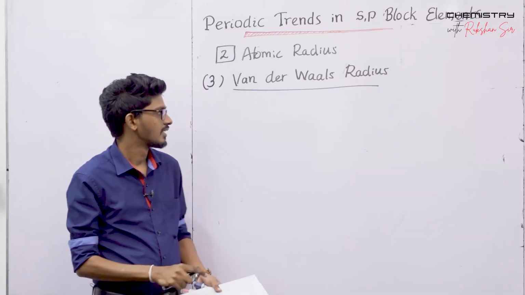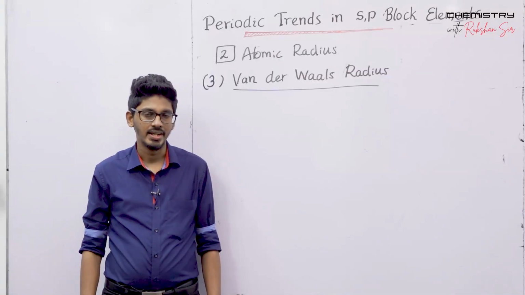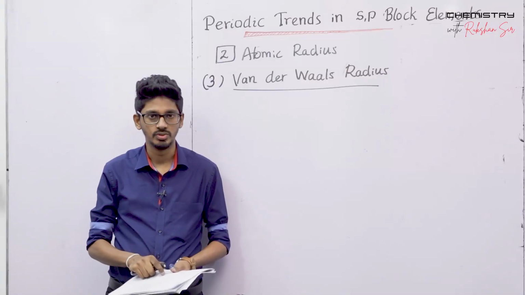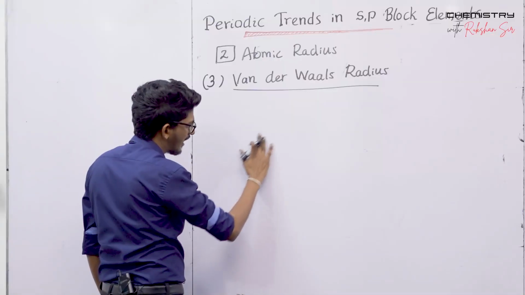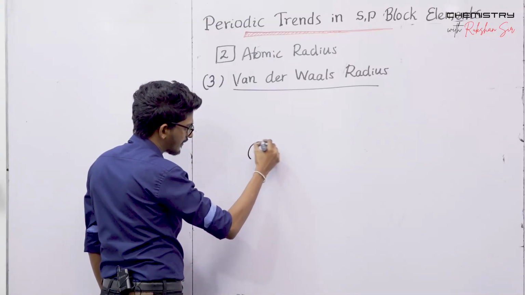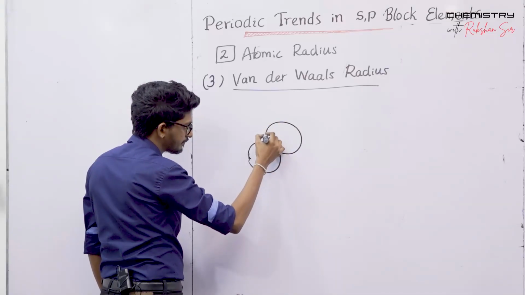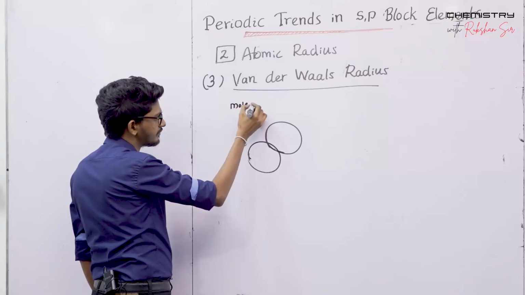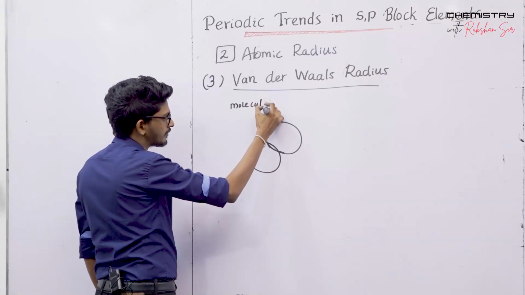To get the correct value, we use the help of the Van der Waals radius too. If you are referring to molecules like I2, this is the concept.